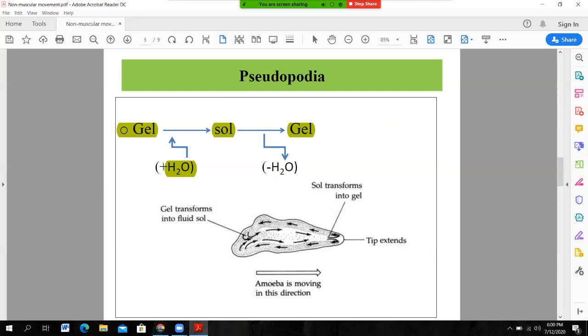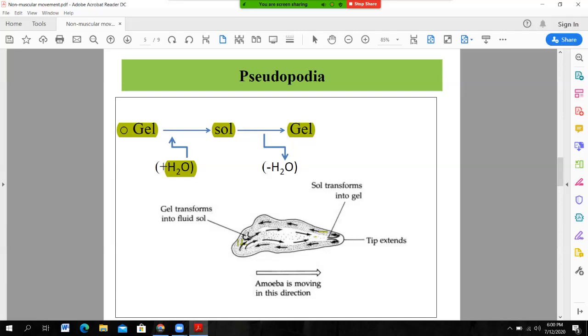So when water is added to the region of the plasma gel, the gel portion then contains more fluid. That is why the gel is converted into the sol region. And when water is released, the sol is again converted into the gel region.